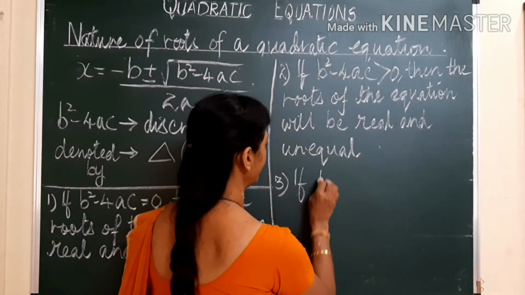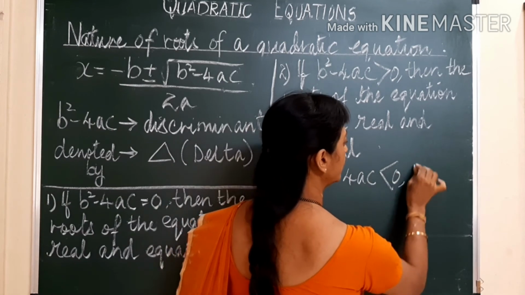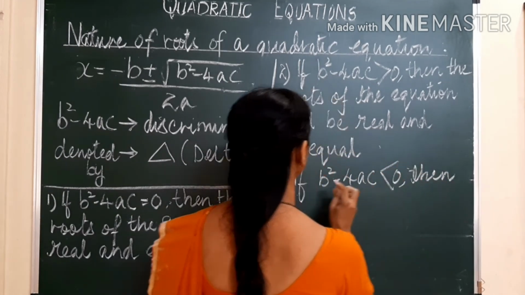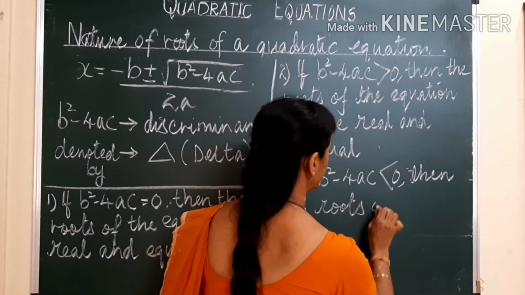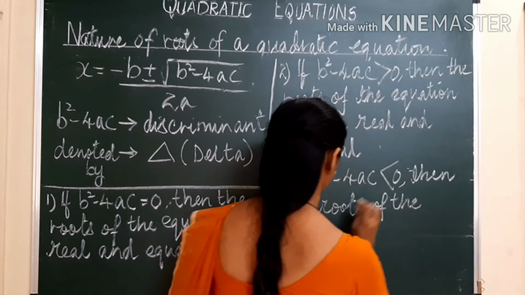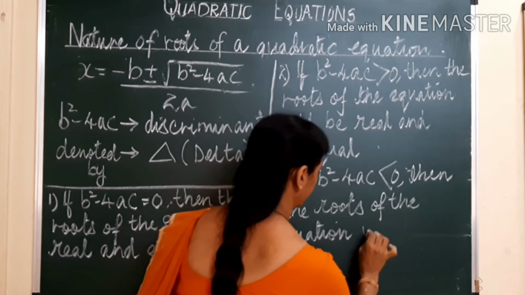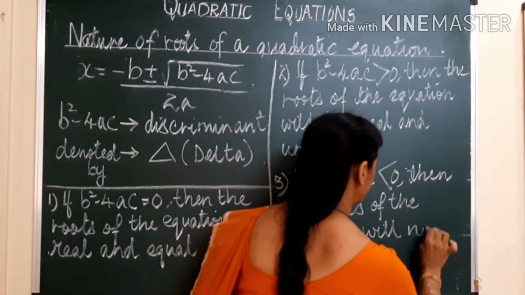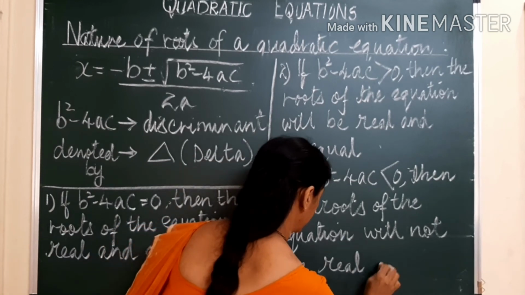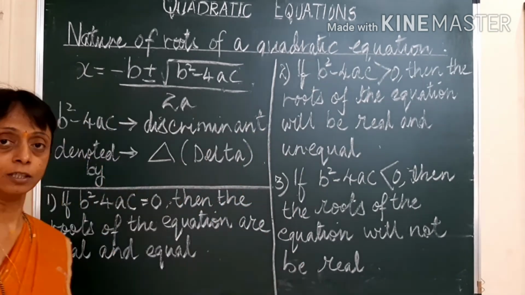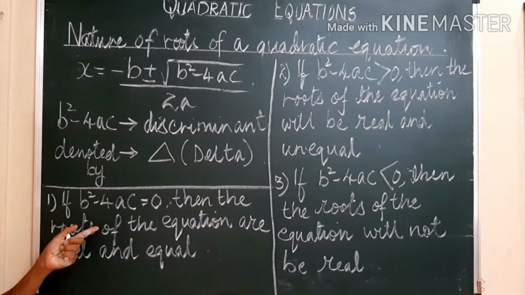So if b square minus 4ac is less than 0, then the roots of the equation will not be real at all.